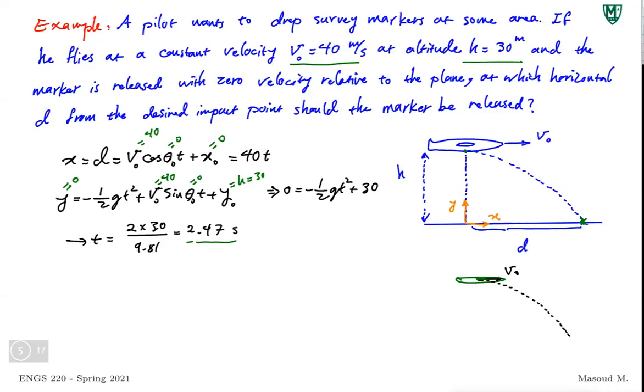Once you know the time, same story. Yes, this is t squared, so I have to either put t squared or I put this. You're right, Dylan. There you go. Thank you.